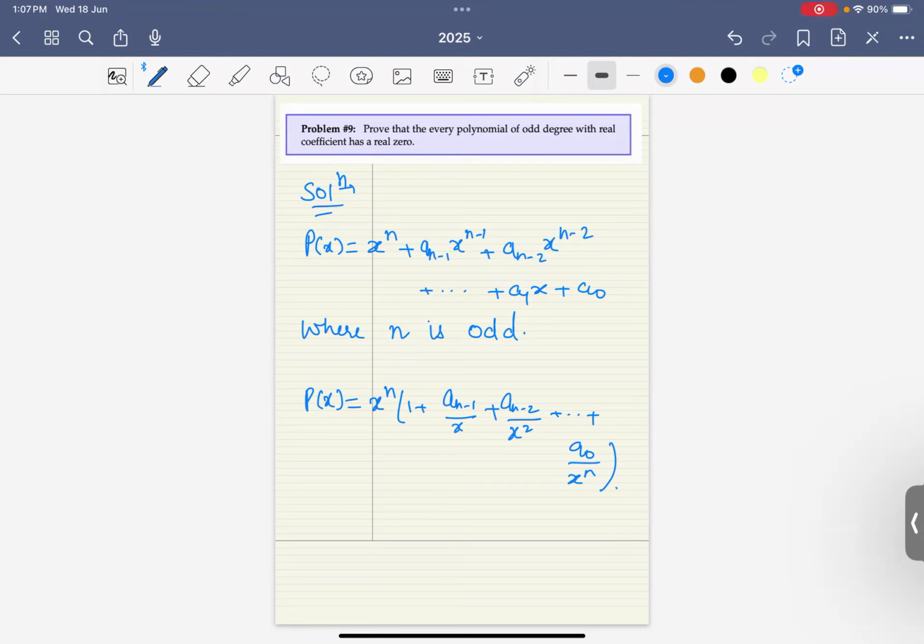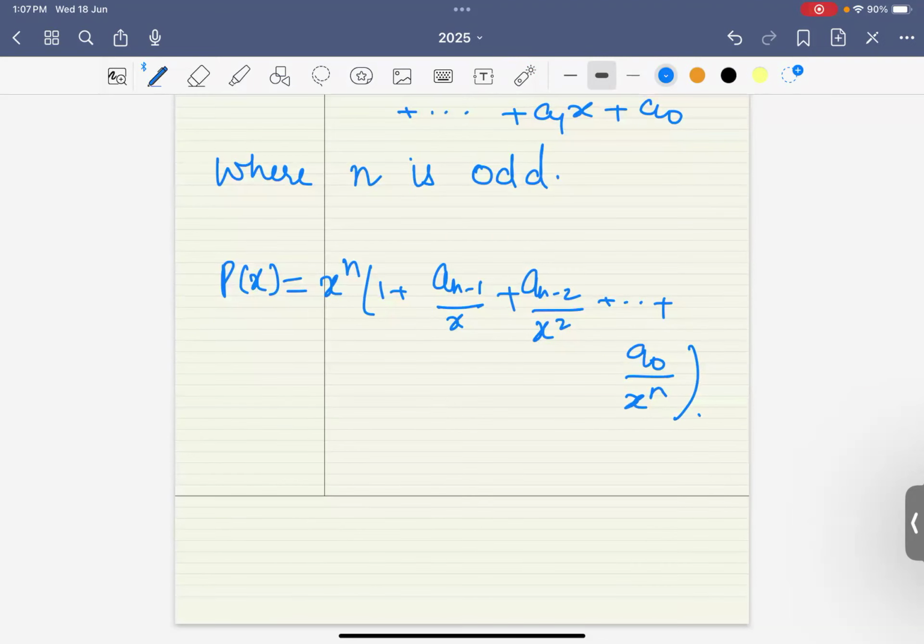We are trying to find nice, large values of x for which this quantity almost vanishes, so that this function behaves like x to the n. Can we find that? Here is the part you have to think about: how did it come into being? I say take mod of x to be greater than the maximum of these quantities.